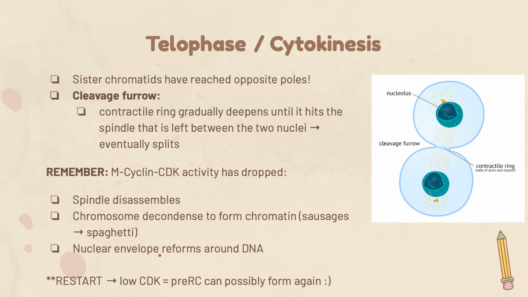And then your nuclear envelope, or that nuclear lamin, starts to reform around the DNA again. And then you have two separate cells in their own entirety. And then it can restart everything that we just talked about, because when you have low CDK, your pre-RCs can form. And if your pre-RCs can form, you can start to fire replication again. So that's how the cycle comes full circle.